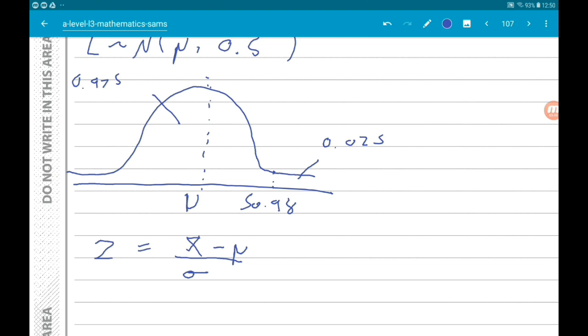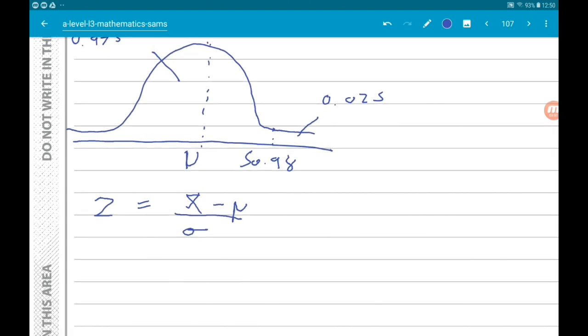So going to distribution on mine then is number 3. So we can get the z is the inverse normal of 0.975.